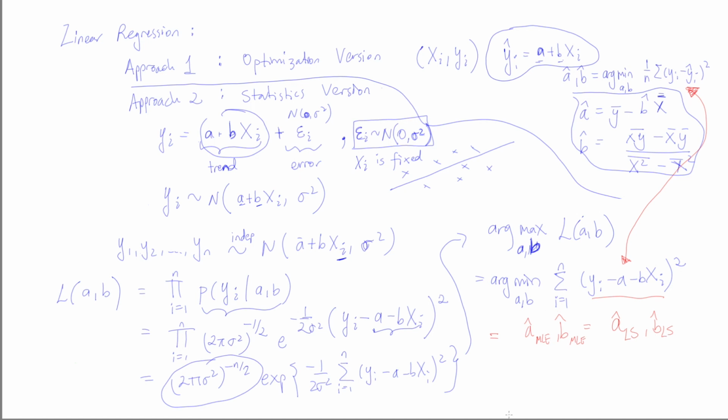Now, this is not always true. The maximum likelihood estimate is not, in general, going to give you the same result as the least squares estimator. It just so happens to be in the Gaussian case that because the Gaussian distribution is dependent on the sum of squares, just by the way we constructed it, that it actually does give you the same result. Okay, this is not generally true.